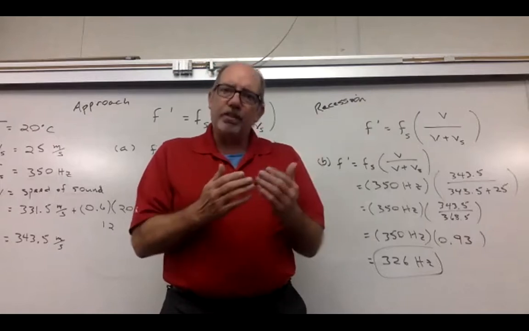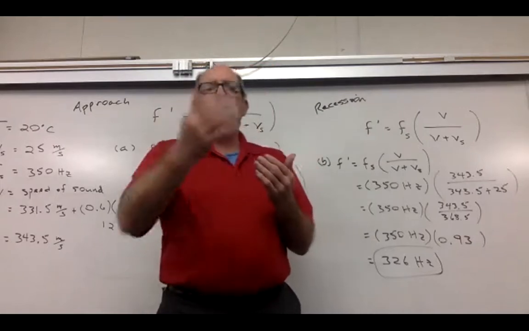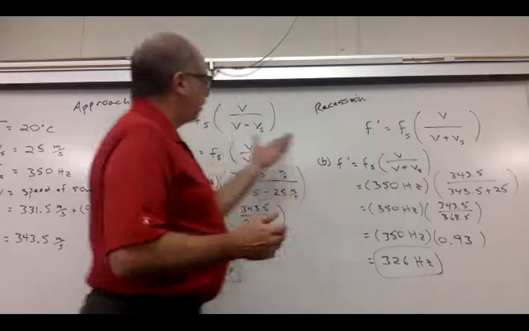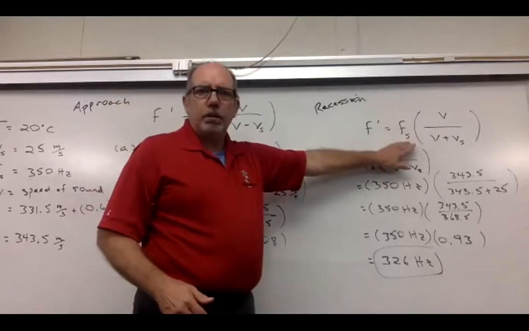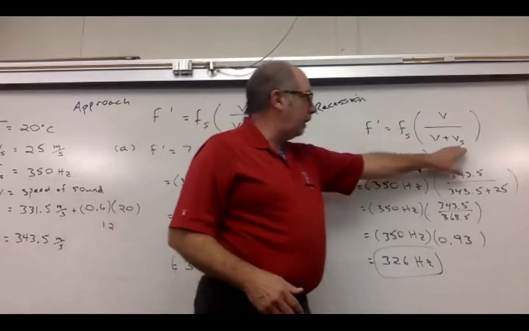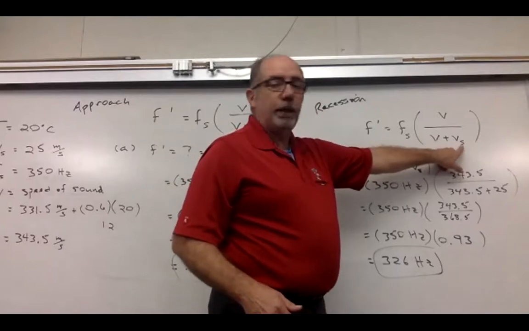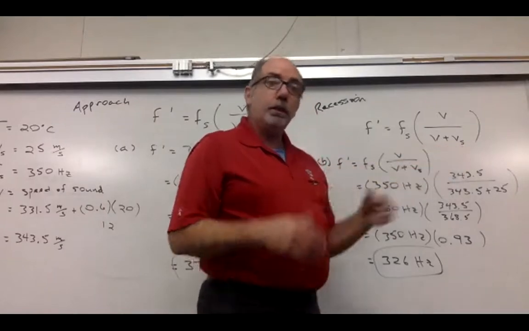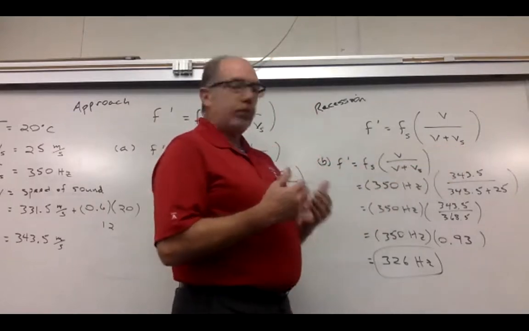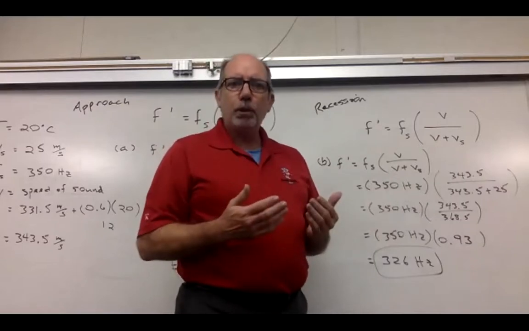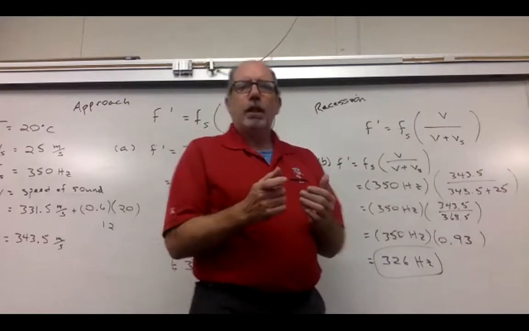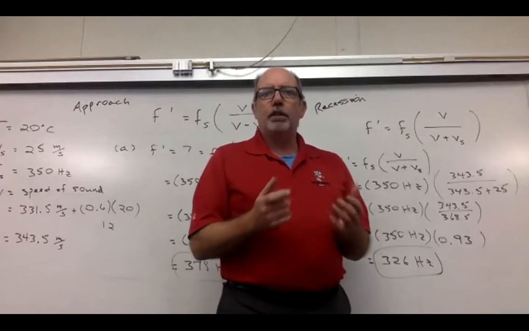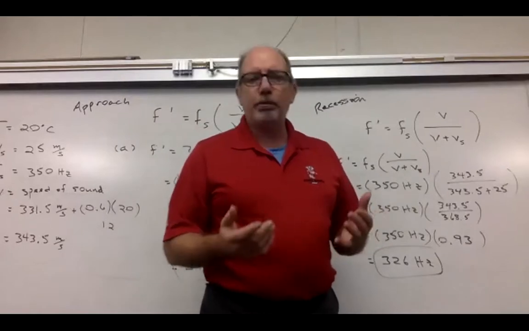And by the difference between what they sent and what they receive, you can use a formula pretty much like this to calculate the speed. Solve this for the speed of the source, and you can get the speed with which that object is moving. So they bounce a radar signal off your car or off a baseball.